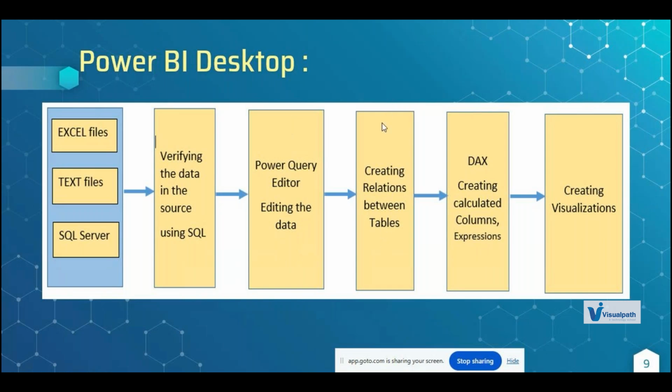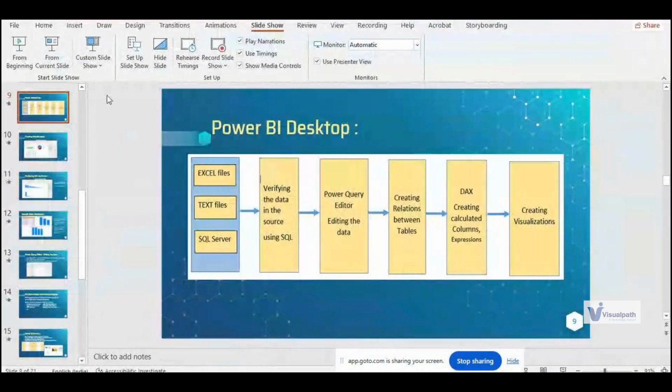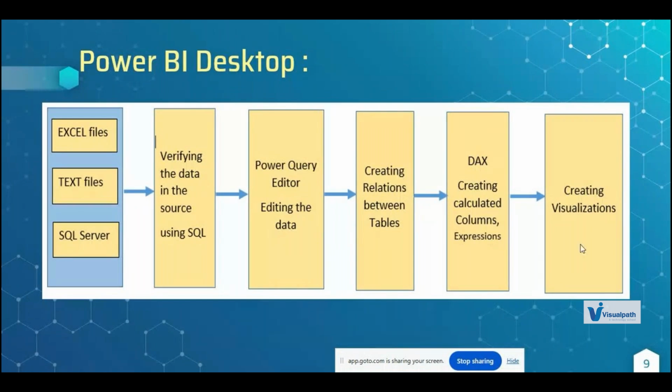Third step, we need to create relations between the tables. What is a relation between tables? So wherever there is a compulsory dependency, we will create a relation. I will give one example. I have a customer data and I have a sales data. Do you think customer data and sales data are dependent or are related or not related?